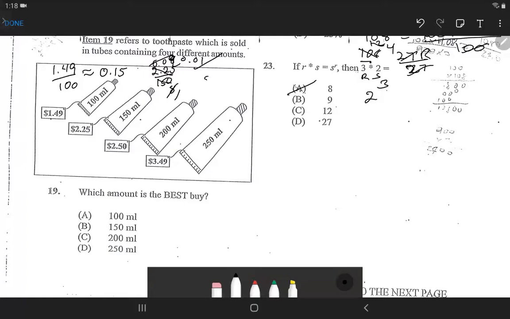For this one, this is 250 over 200. Right? So you could have divided by 100 and then by 2. So this is equal to 0.13.